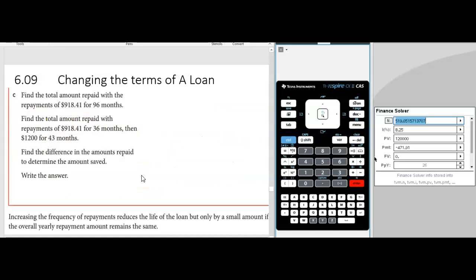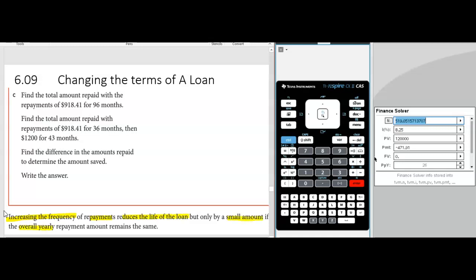And the conclusion here is actually under here. So the conclusion of example 7 is on the previous slide. So if you increase the frequency of the repayment, it does reduce the life of the loan, but only a small amount. Why?